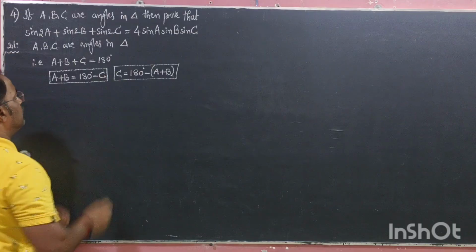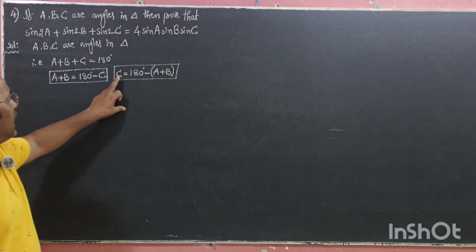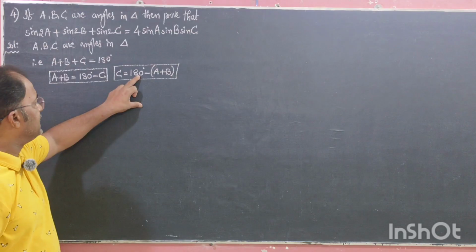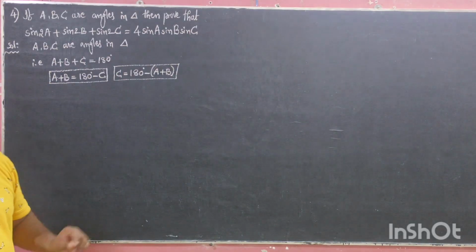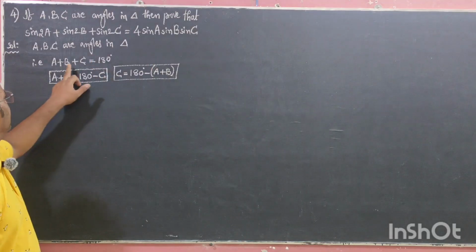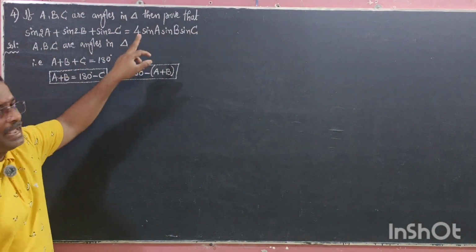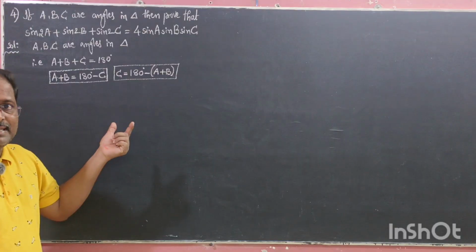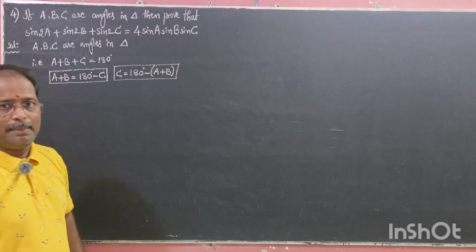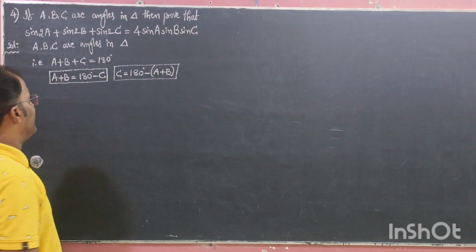So we have the A plus B value and the capital C value, right?